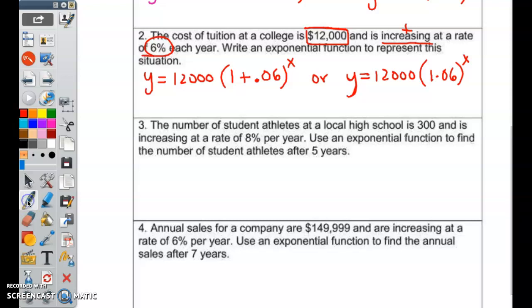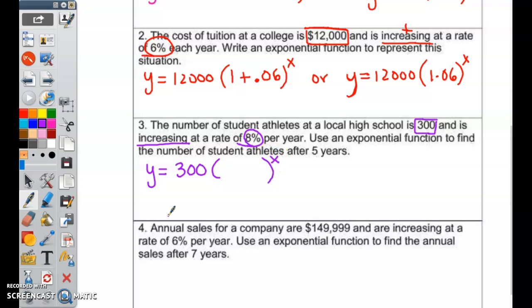Problem 3. Same thing. The number of student athletes at a local high school is 300 and is increasing at a rate of 8%. So I started with 300. I'm increasing, so it's more than $1. y equals 300 parentheses to the power of x.